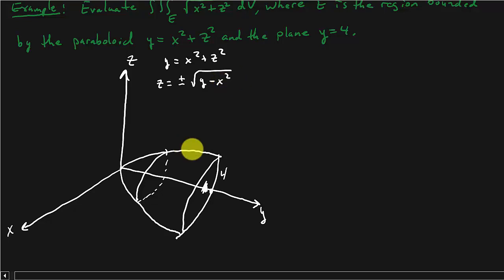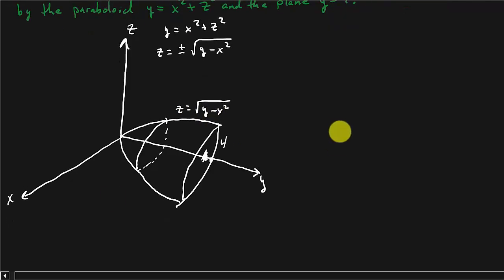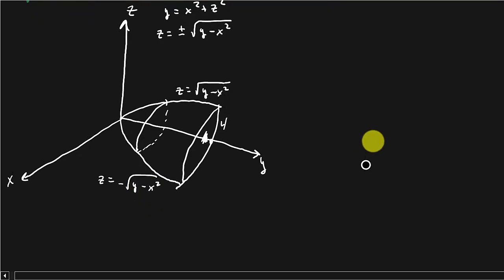Remember, this top part is z equals the square root of y minus x squared, and this part is z equals negative square root of y minus x squared. So I've got the integral, and I'm integrating with respect to z first.